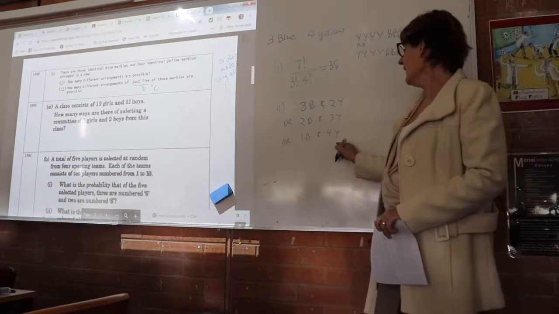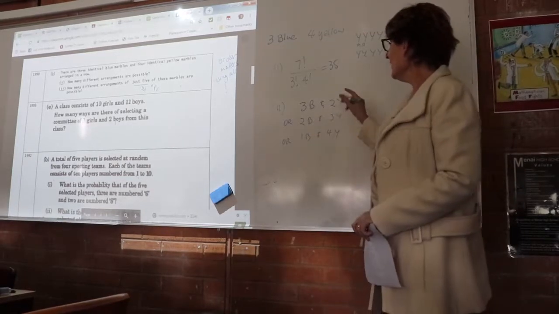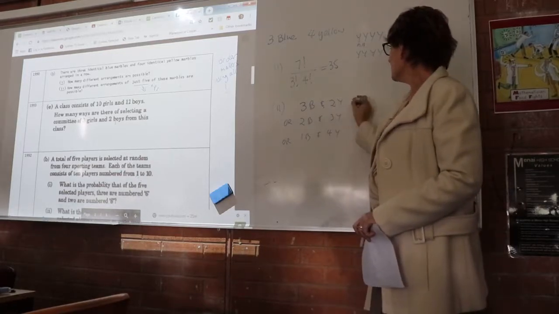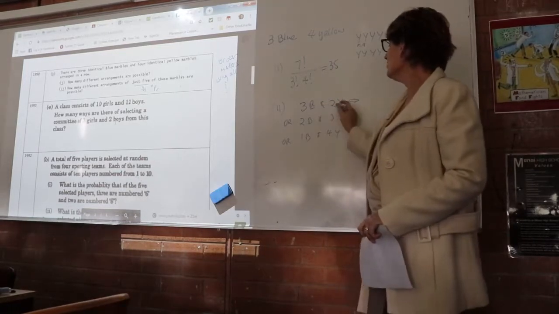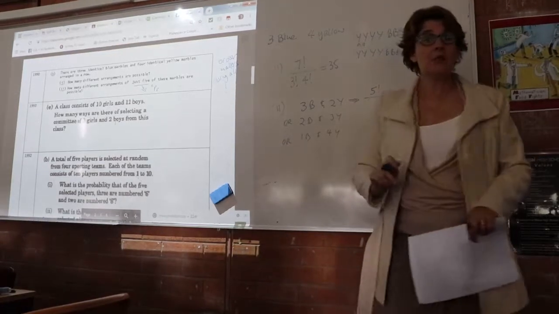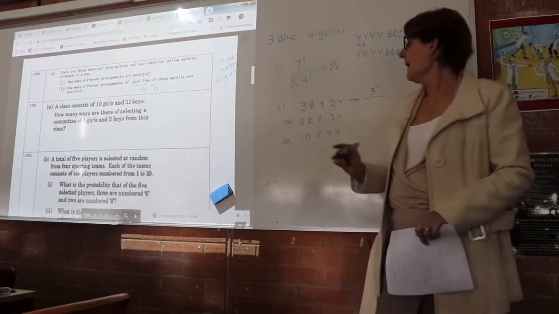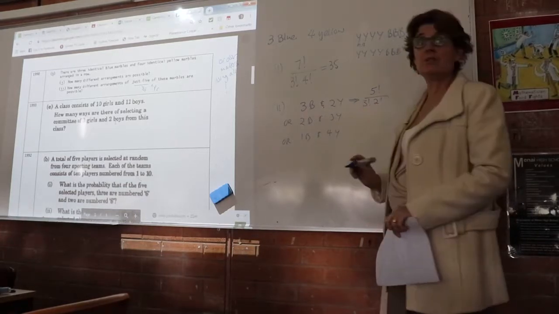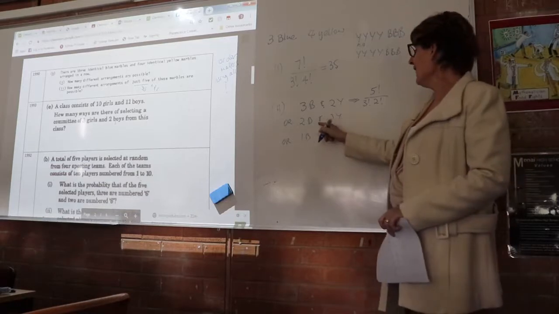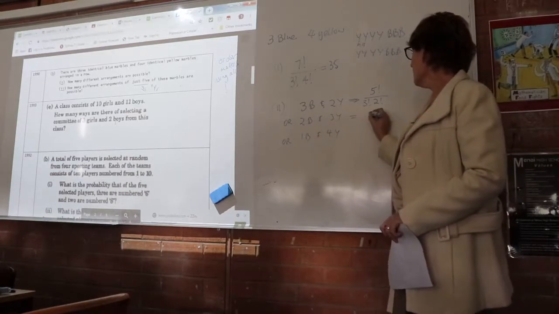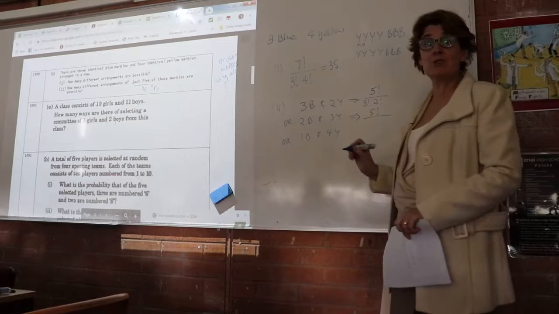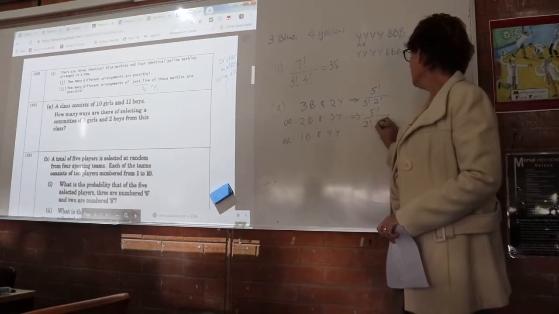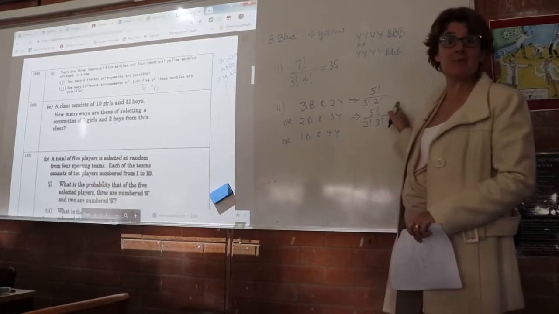Right? Okay. Now, we're going to treat it in the same way as this. If I do this first combination here, I've still got 5 marbles altogether that I'm arranging, but I have a repetition of 3 blue and 2 yellow. If I do this, I still have 5 marbles, but I have a repetition of 2 blue and 3 yellow, which actually ends up being the same as the previous one.